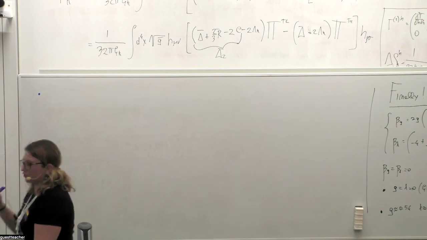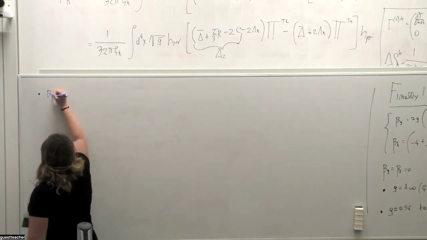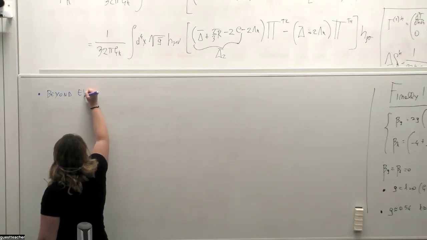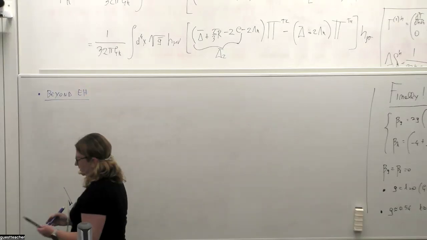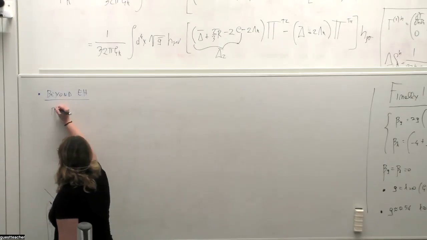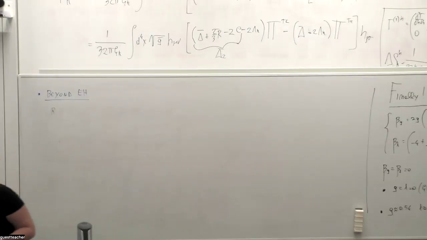First, FRG calculations beyond Einstein-Hilbert. There is a lot that has been done from simple truncations.